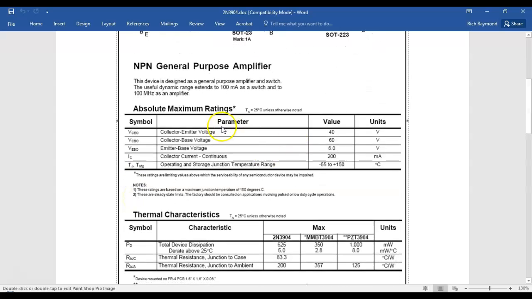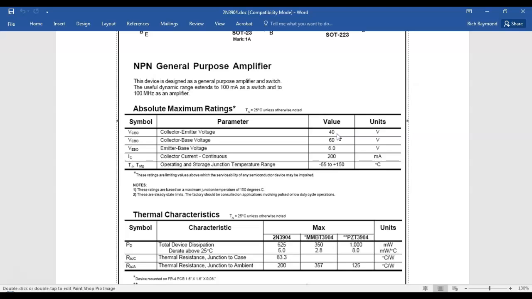So we need to check the breakover voltage. This guy has a breakover voltage of 40 volts, always safe. So what's our collector voltage when we turn this thing off? The breakover voltage is what applies when you turn the transistor off. It's guaranteed that it can block 40 volts.